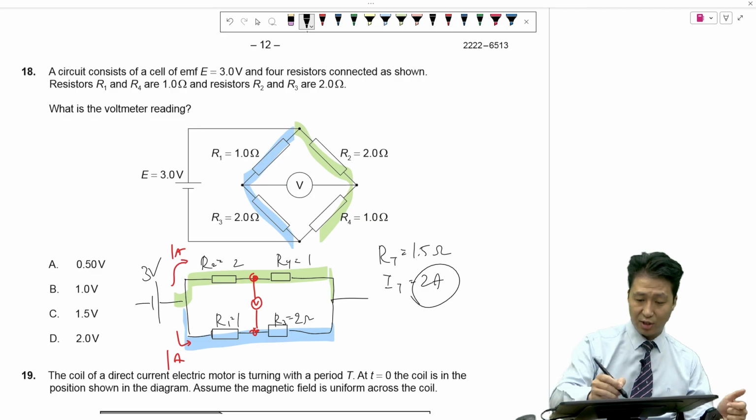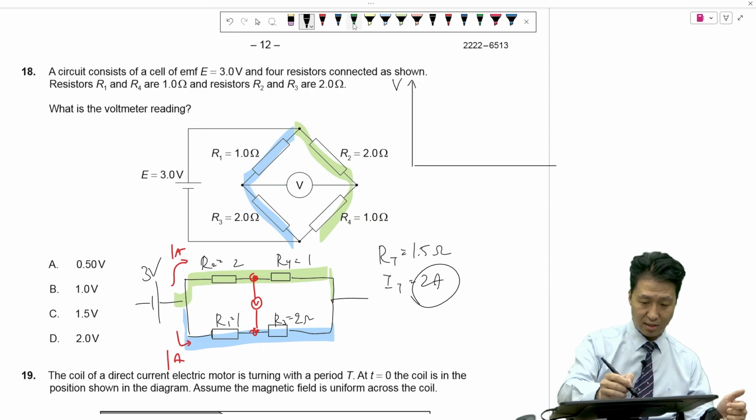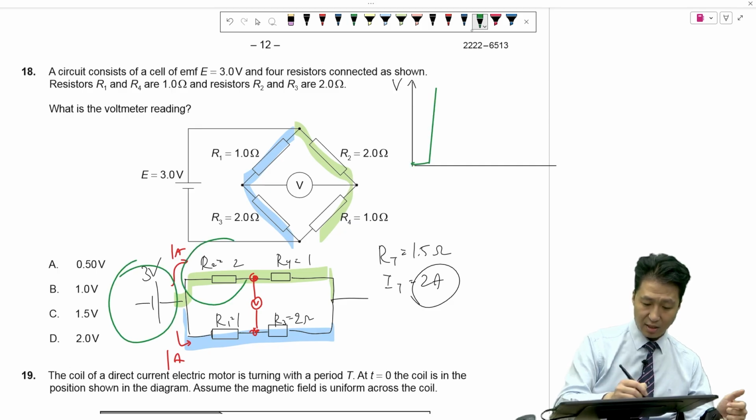So if we're to draw the voltage graph, let's say you're going to take the green path. In the green path, it goes up 3 volts, so let's go up 3 volts here. Here, the voltage drop is IR.